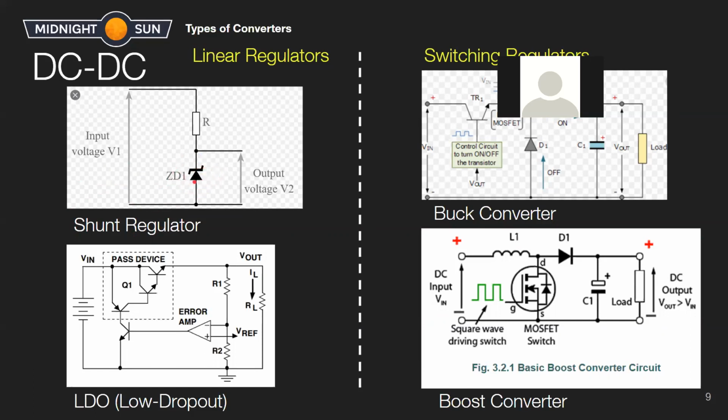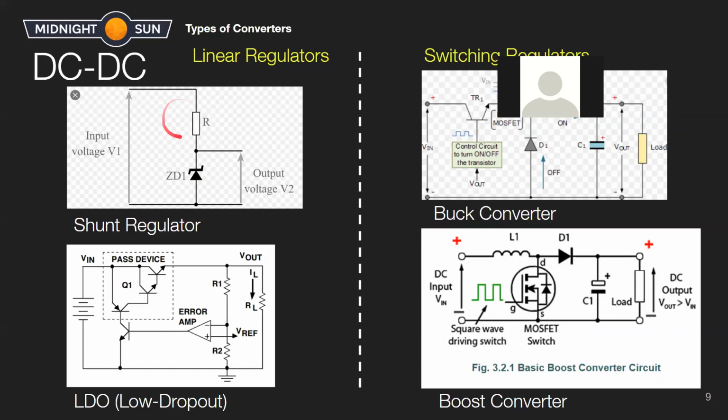They have a specific voltage that, once surpassed on their cathode, will allow current to conduct through the diode and be shunted to ground. So these regulators really use that cool fact about Zener diodes.